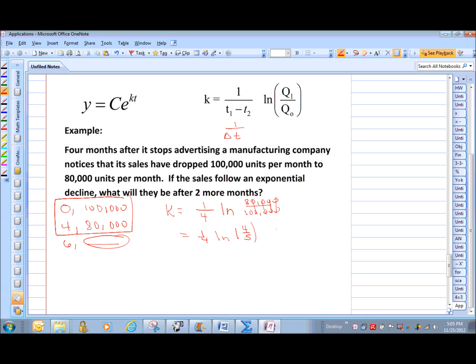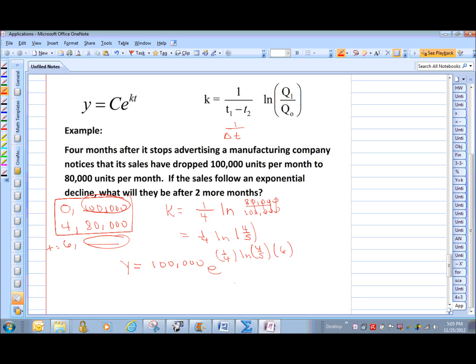So now what we want to do is, when T is 6, find out what our output is. We already know our initial value, the C value, was 100,000. So we can just plug into our formula. Y equals 100,000 times e raised to the 1/4 ln 4/5 times 6.